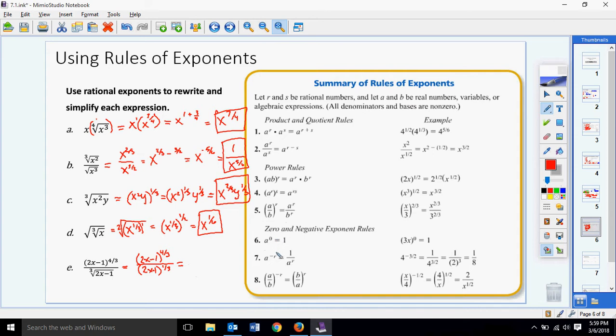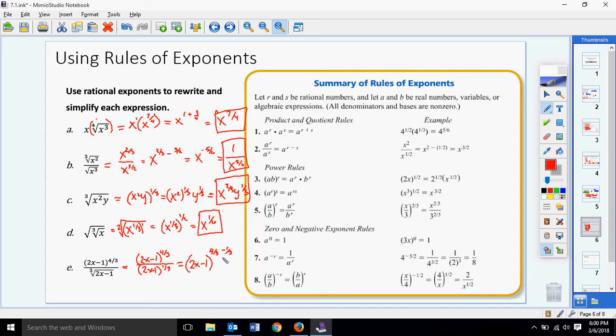So what it looks like to me is rule 2. One thing in the top raised to a power, one thing in the bottom raised to a power. So I'm going to be subtracting my exponents here because they have the same base, just like a and a, now a is 2x minus 1. So I'm keeping my base the same, just like here, a. I'm taking r minus s. So my top number is 4/3, and I'm subtracting 1/3.